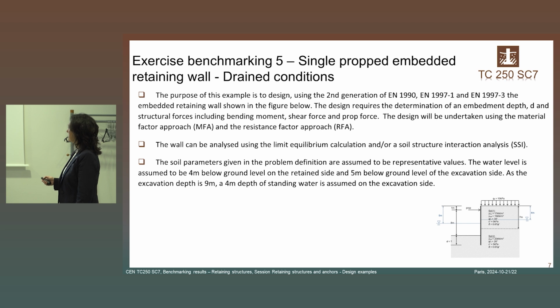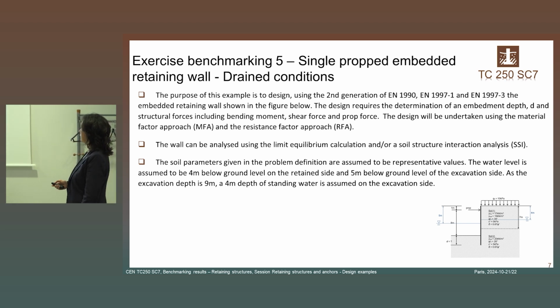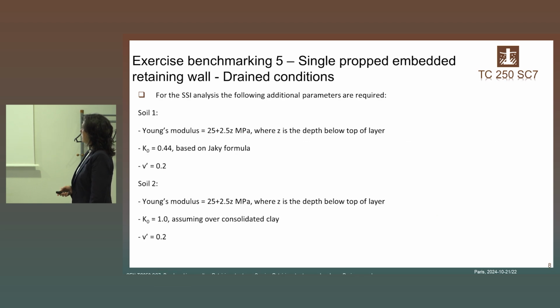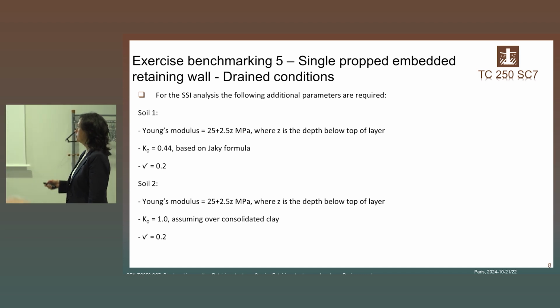Again, we gave only representative values so as not to complicate our lives with the determination of the characteristic values, and also the assumptions regarding the groundwater table. These are the other assumptions for the two layers of soil.